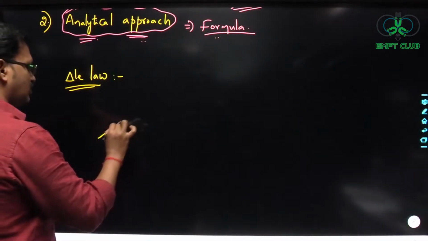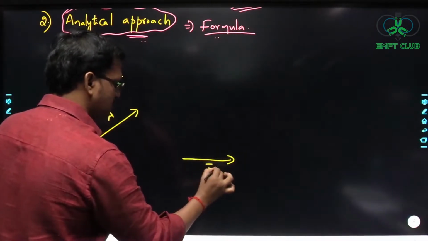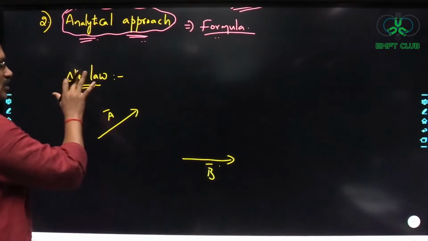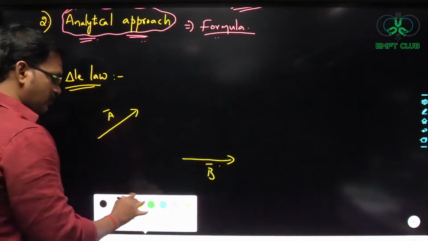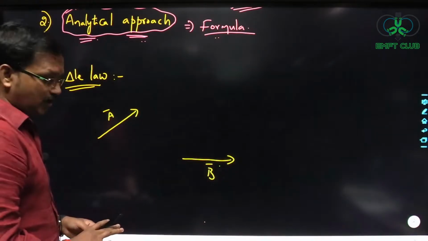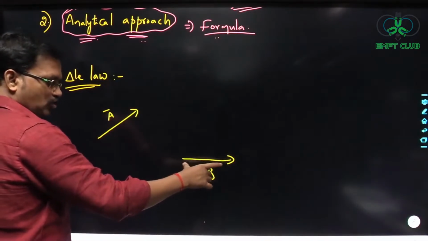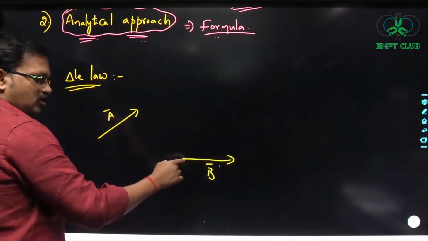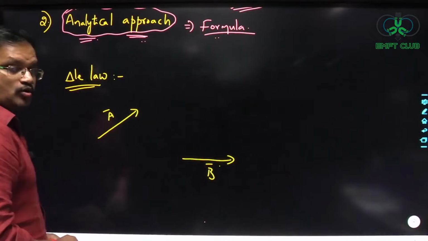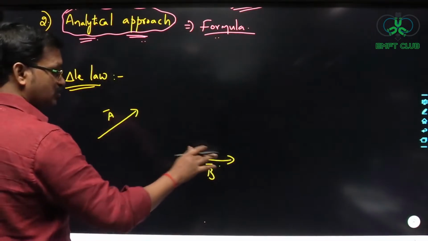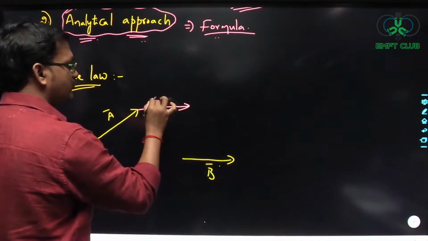If you have a vector a bar and some vector b bar, and you want to add these two vectors with the help of the triangle law, then what the triangle law says is: take this vector b bar, without changing its direction, it is pointing in the horizontal direction, and join the tail of b bar to the head of a bar.